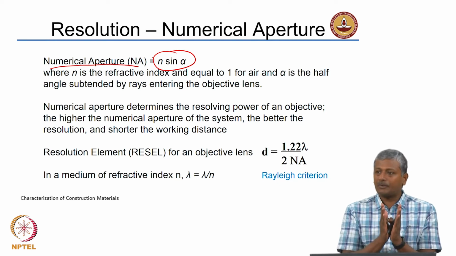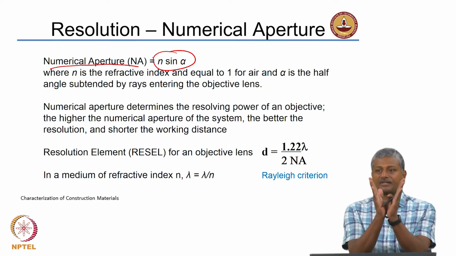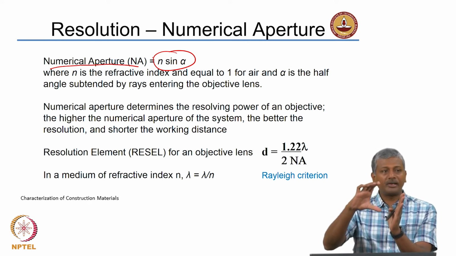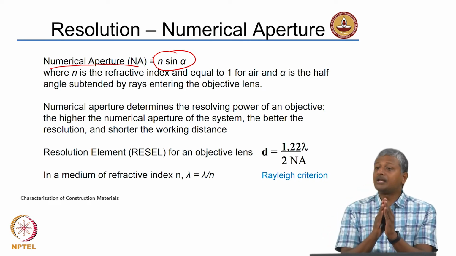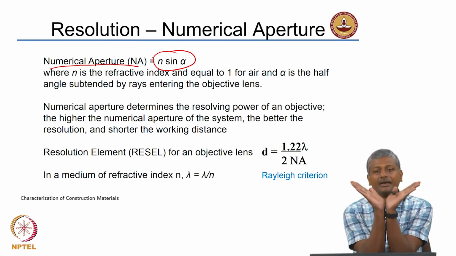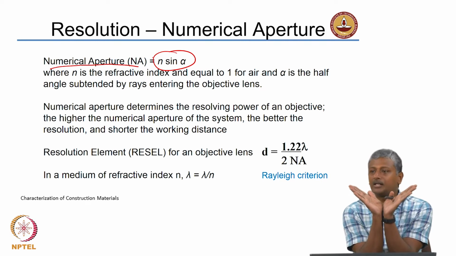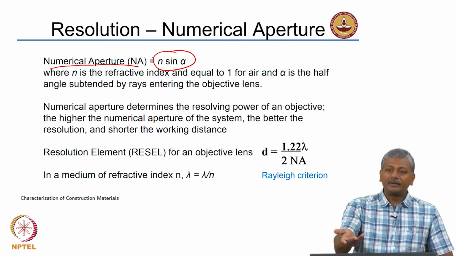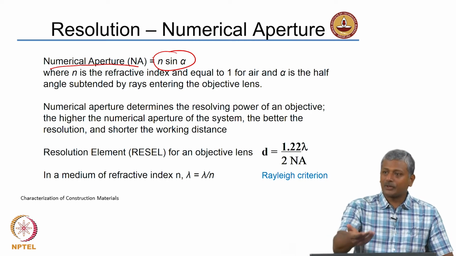For n equal to 1, let us say this is my alpha that is getting into the lens. If I put in, instead of air, oil in between, oil will tend to have a greater refraction, it will bend that light more and more, and you will get a wider beam alpha into the lens. That means you are increasing your n, and that will also increase your alpha.